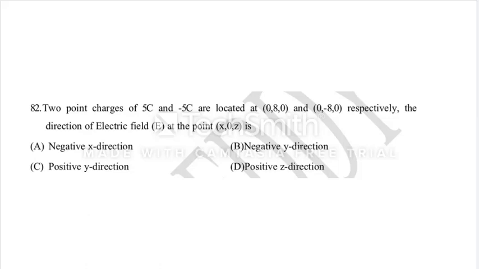Now two point charges 5 coulombs and minus 5 coulombs are located at these points. Asking the electric field at x, 0, z. That means the point lies on the xz plane.